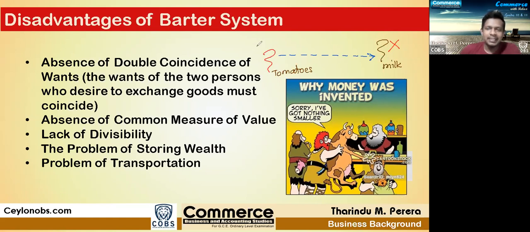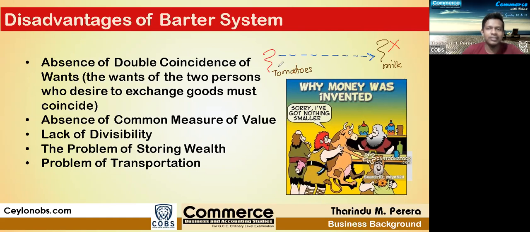Then this person has to find someone who produces milk, and that person must have a desire to get tomatoes also. Not a person who is only producing milk, but also he should have a desire to buy or get tomatoes. So most of the time this case is very difficult to handle for the people.